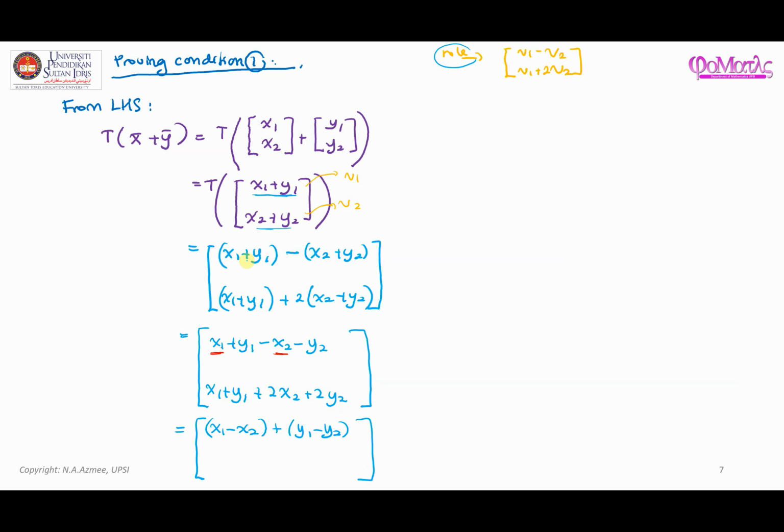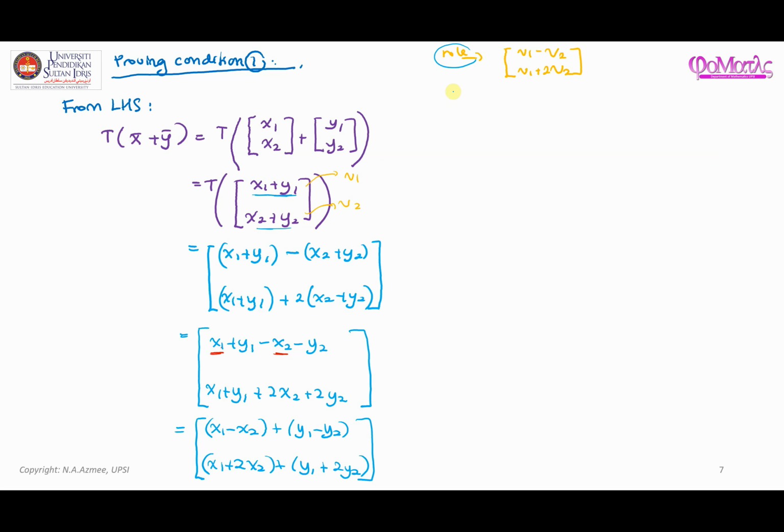Okay, we change the grouping. Here is a different grouping, you can see that. And similarly for this part here, we're going to put x's together and y's together. Therefore, x1 plus 2x2 plus y1 plus 2y2.